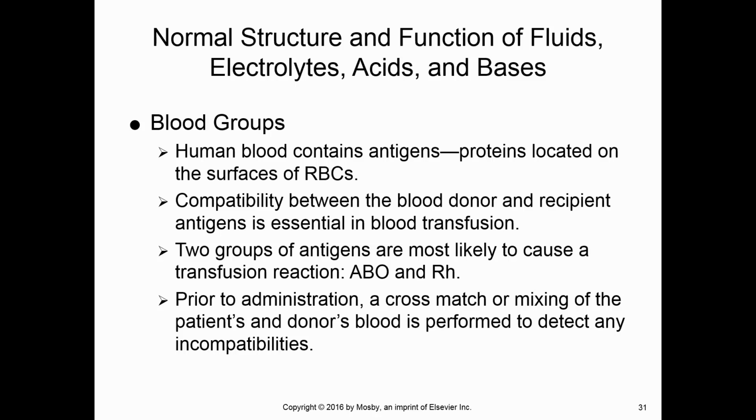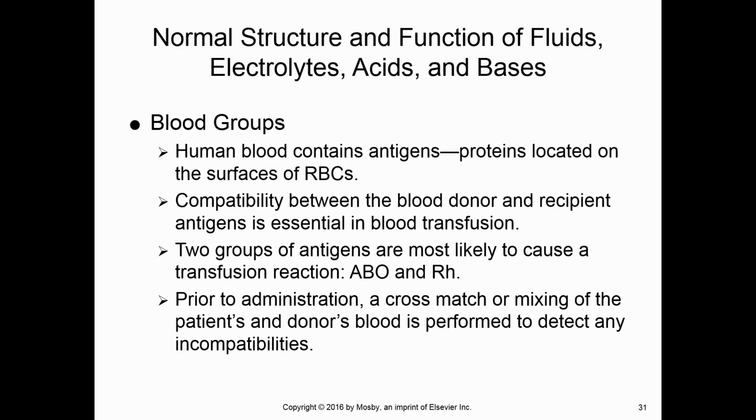If there are A antigens, then you're type A. If there are B antigens, you're type B. If there's both, then you're AB blood type, and if there's neither, then you're O blood type. And then Rh: if you're Rh positive, that means you have the Rh factor on your red blood cells. If you're Rh negative, you do not.